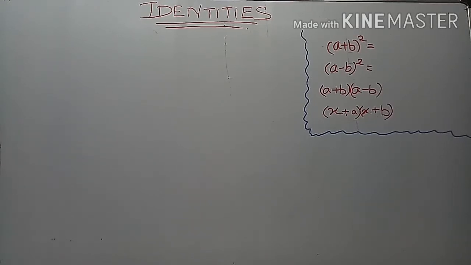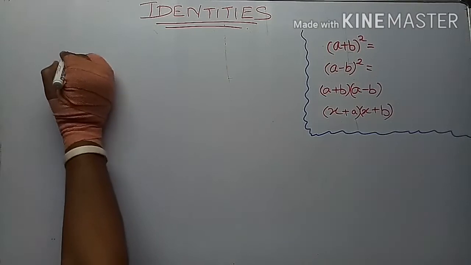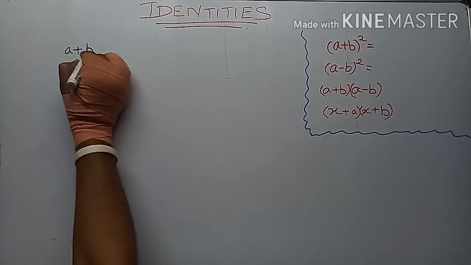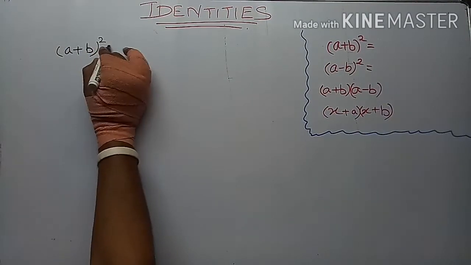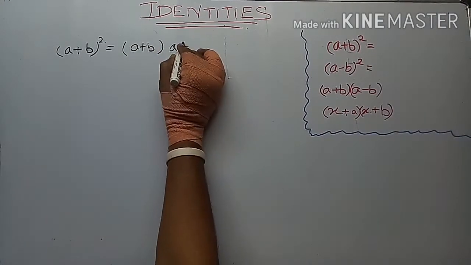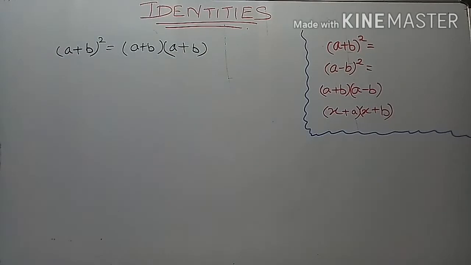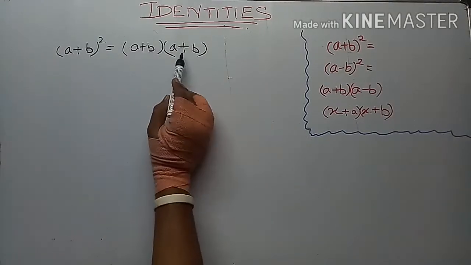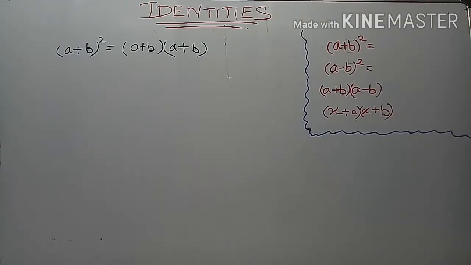What is A plus B the whole square? Whenever we say A plus B the whole square, it means A plus B, the bracket, is multiplied by itself. So we see that a binomial is multiplied by a binomial, and we are going to get a standard identity that will serve to us as a formula.